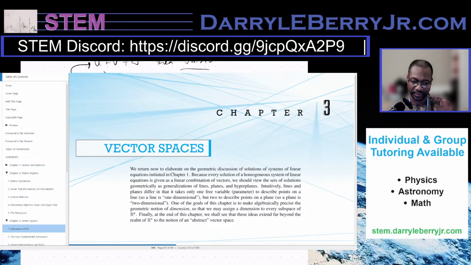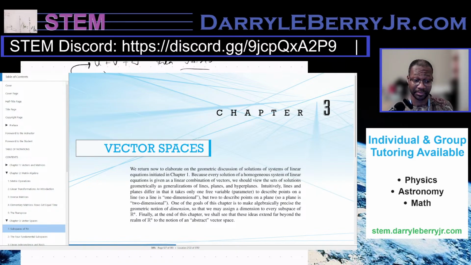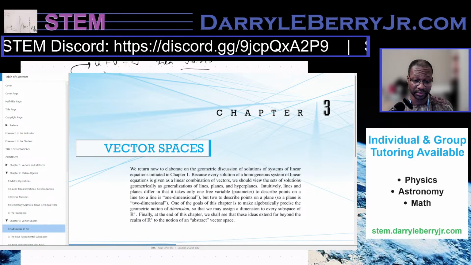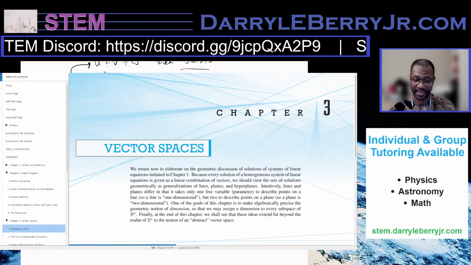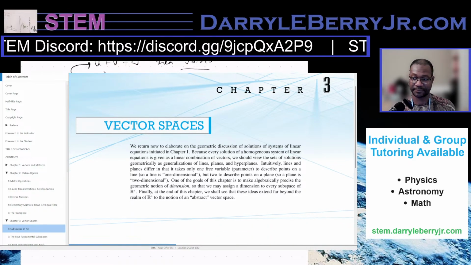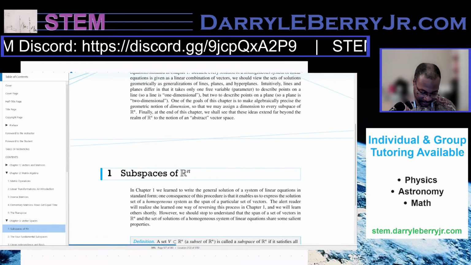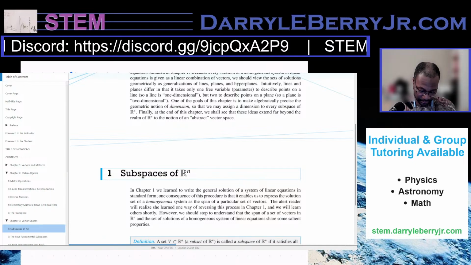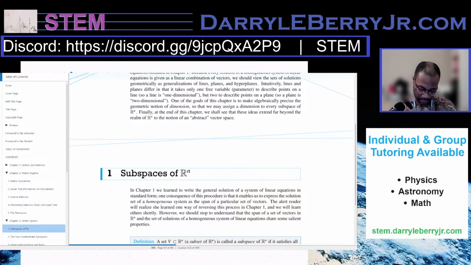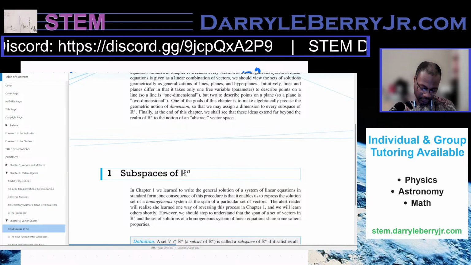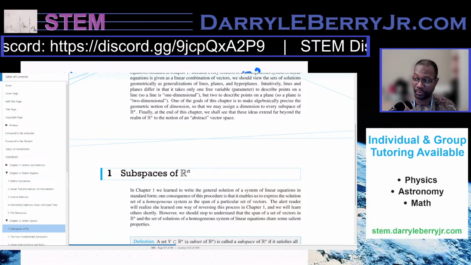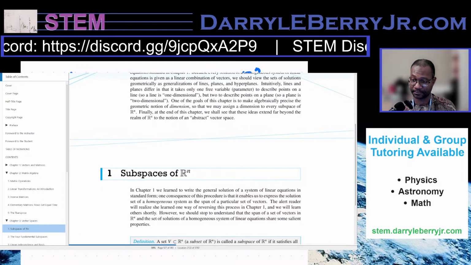Finally, at the end of this chapter, we shall see that these ideas extend far beyond the realm of Rn to the notion of an abstract vector space. So let's go ahead and go to 1, which is subspaces of Rn. That's why I say we should revisit 3.2, because this probably will help with that.